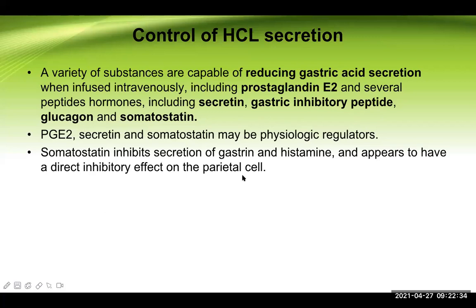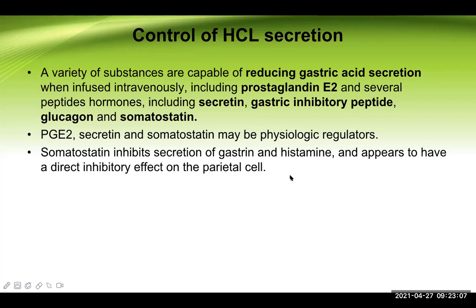So these are some of the important points you should understand. Now, somatostatin is an inhibitory hormone which inhibits almost everything we can remember. In the pancreas also, remember, somatostatin is an inhibitory one. Even in the GI tract, it inhibits the secretion of gastrin and histamine and appears to have a direct inhibitory effect on the parietal cell. So excessive somatostatin will cause a decreased amount of acid.